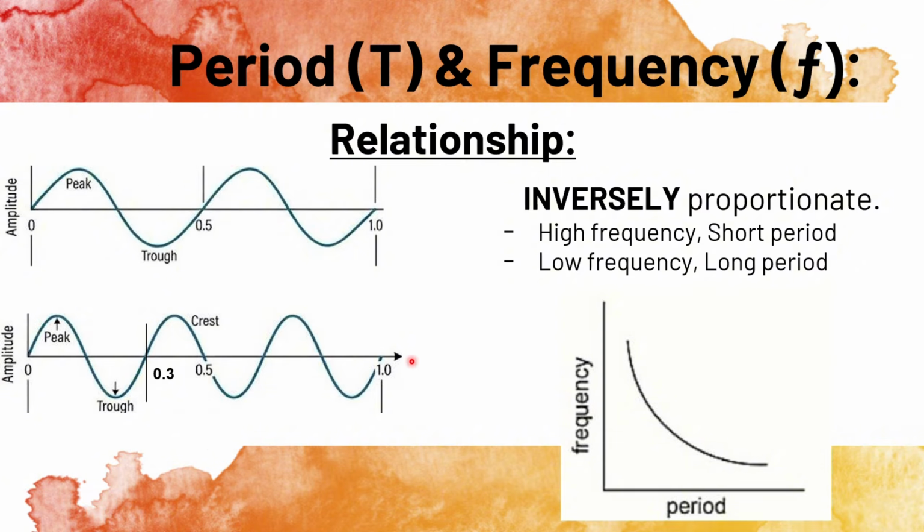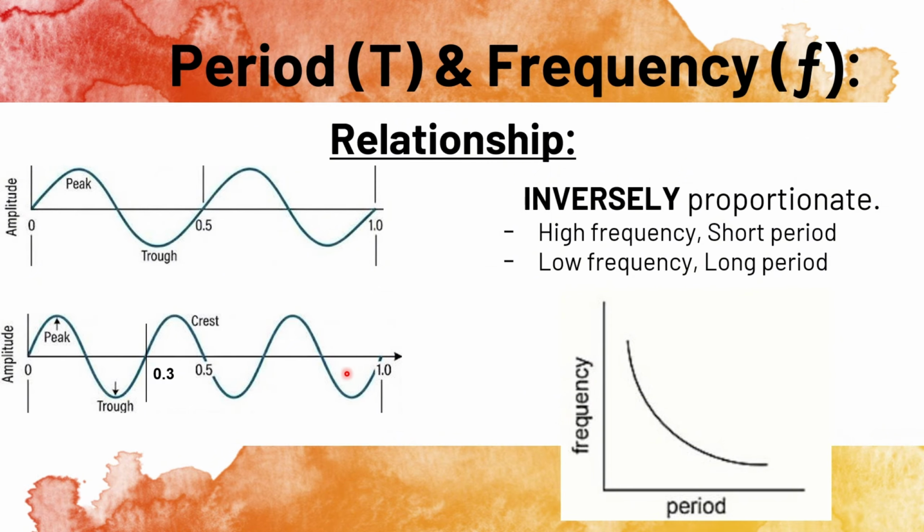In illustration 2, they were closer, meaning they have higher frequency. The second indication is that in the first illustration, only 2 waves passed a specific point in 1 second, while in illustration 2, there were 1, 2, 3 waves that passed a specific point in 1 second.